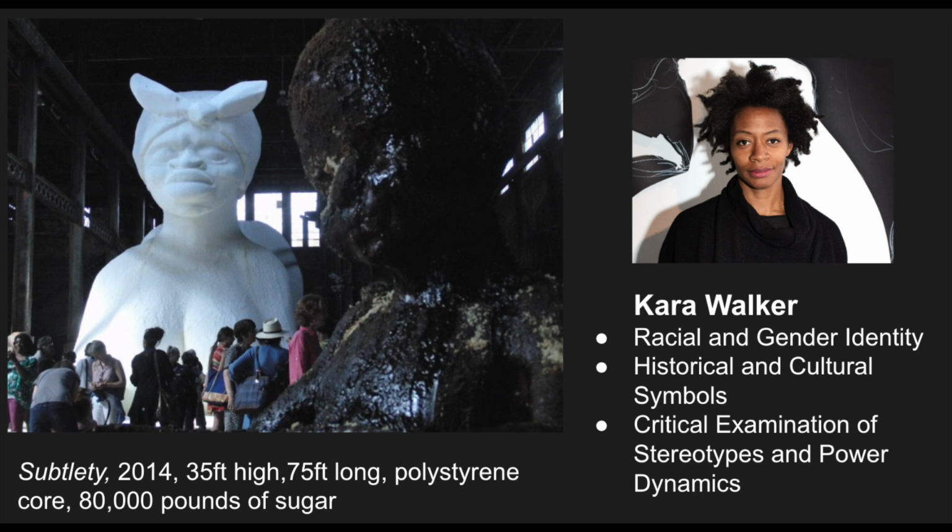But now, if you look, only the poor eat sugar, and the rich are very conscious about the health consequences of sugar. So she's commenting by creating this giant sphinx in the form of a Black woman on stereotypes and power dynamics and historical and cultural symbols and race and gender identity issues.